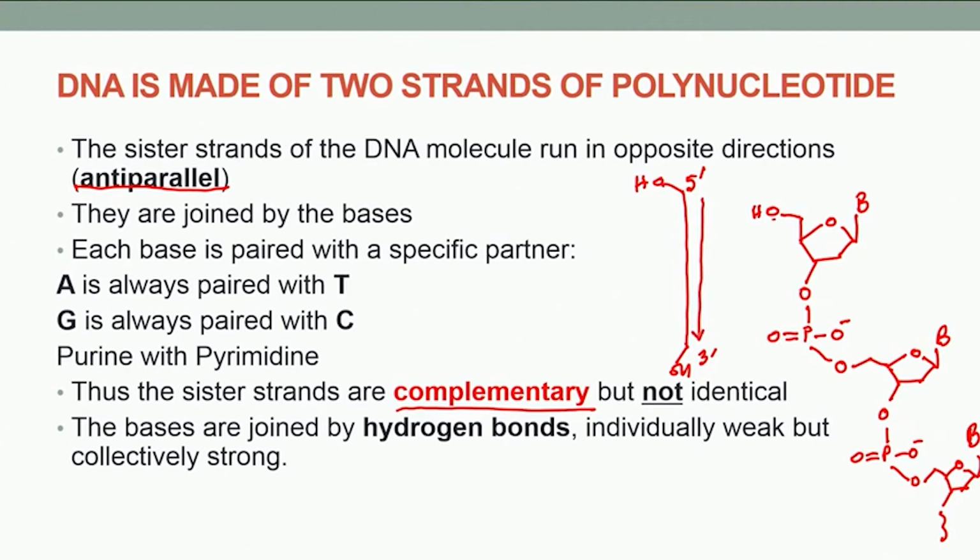So, whenever we write a piece of DNA, we have to mention it; for protein it is usually understood that this is the N terminus and that is the C terminus, but in DNA it's better that you mention it. There is no rule that the left side is always 5 prime and the right side is 3 prime. It could be the other way around.